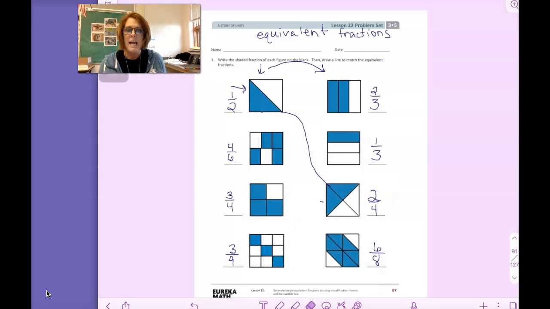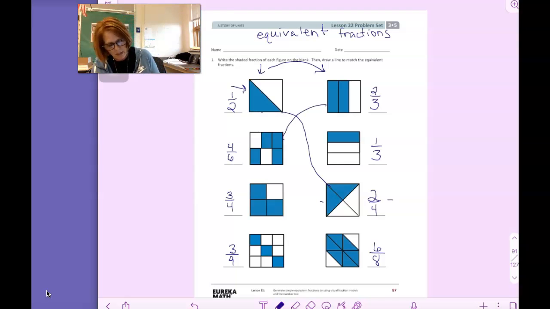Okay? Next, we have 4/6. 4/6, that is equivalent to how much on this side? Well, visually, if we pretend that this shaded part moves over here, then we have two spaces shaded and one unshaded, and that matches 2/3.